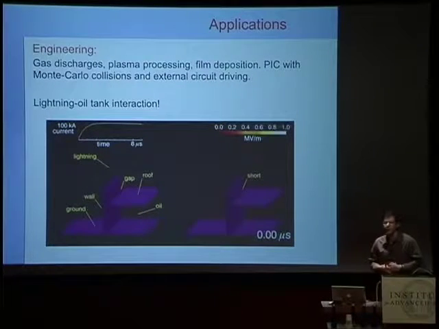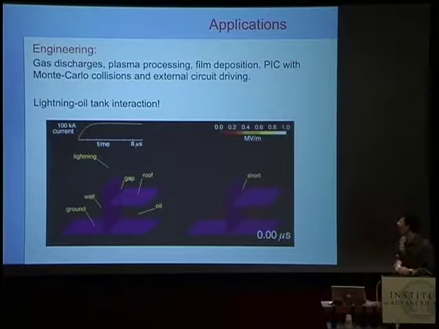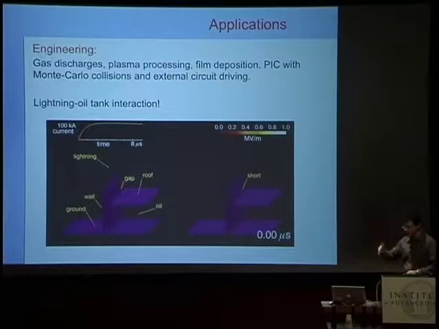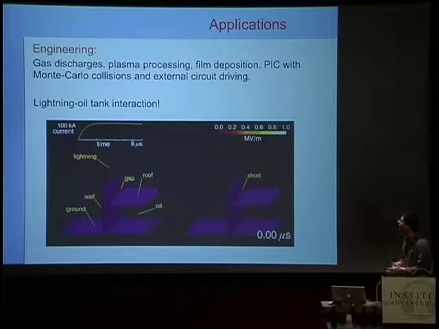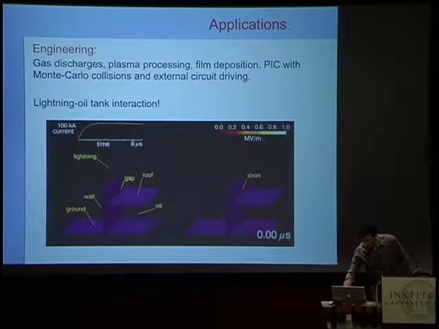If you want to simulate a fluorescent light bulb, for example, or you want to deal with plasma processing. So you have a wafer, you want to deposit a film of plasma on top of it, or you want to etch something on a wafer with plasma. These kinds of methods are used in industry quite often.